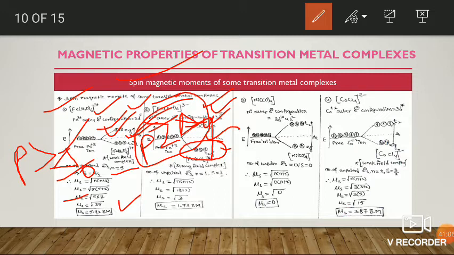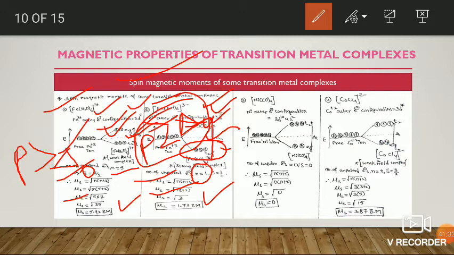So the number of unpaired electrons in the complex is only 1, n equal to 1. So according to the spin-only formula, mu s equal to root 3, or finally mu s equal to 1.73 Bohr magneton. That is, if there is one unpaired electron, according to experiment it is around 1.73 Bohr magneton.